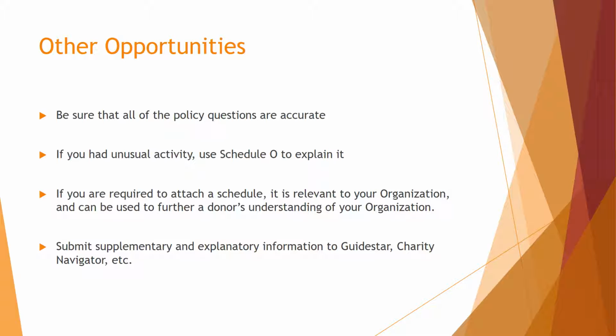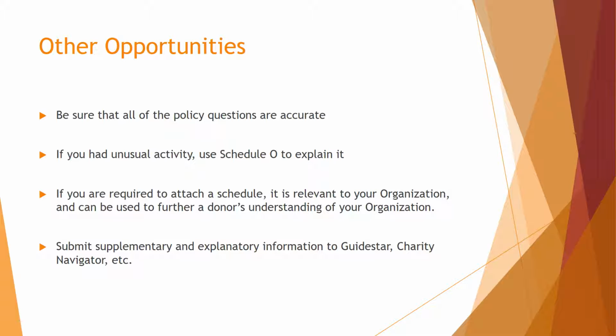So if you, for instance, have to complete a Schedule M, which is completed if you receive more than $25,000 in donated goods, you want to provide as much detail as possible about what kind of goods you're receiving, how they're valued, why you're receiving them, what you do with them, to the extent you can include within the form, so that someone reading can really get an understanding for what's going on.